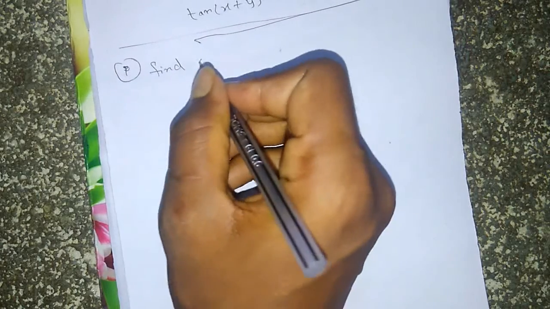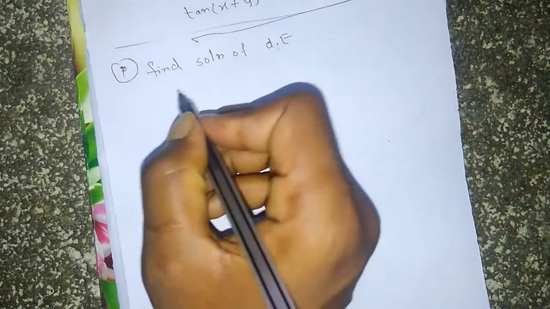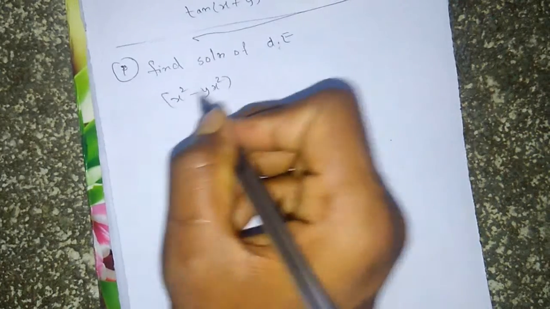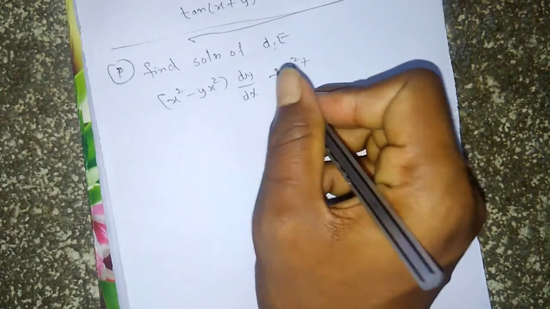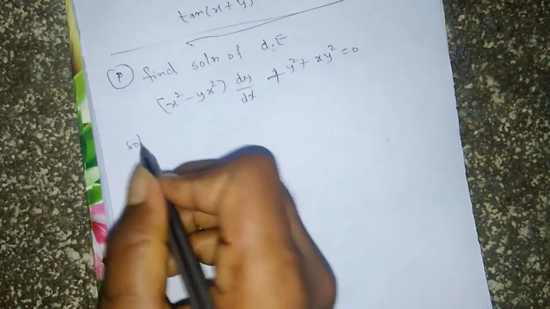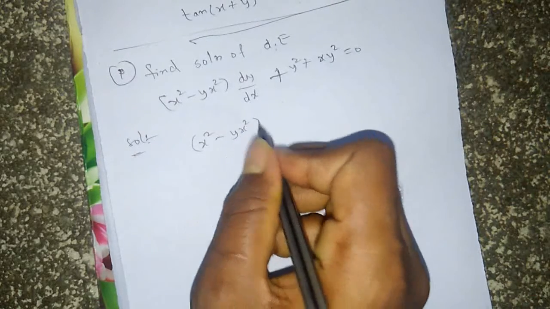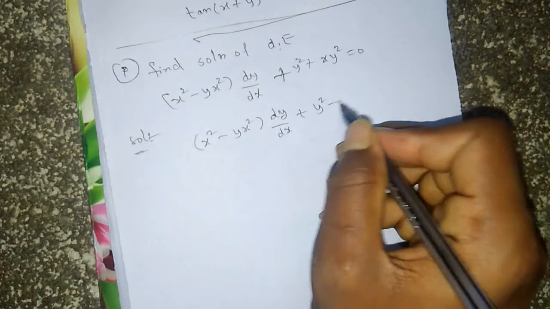Our next problem is find the solution of the differential equation x square minus y x square dy by dx plus y square plus x y square is equal to 0.